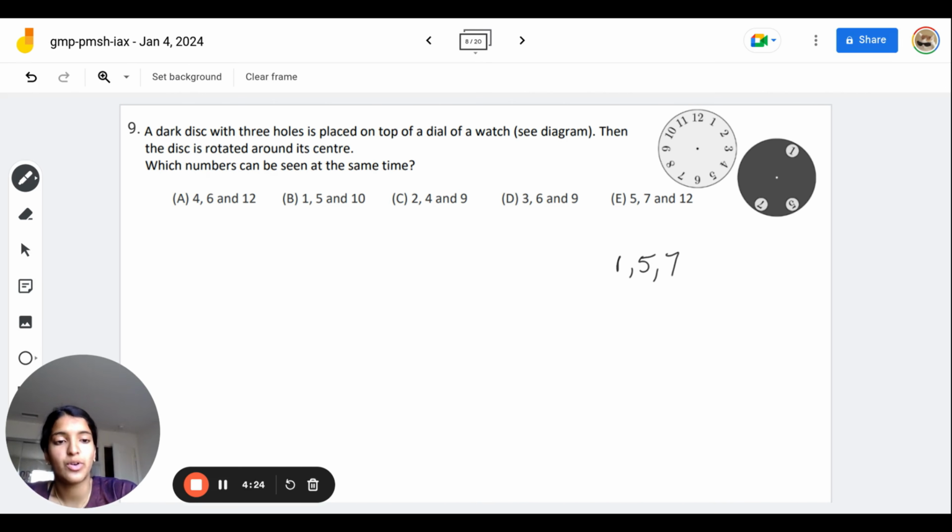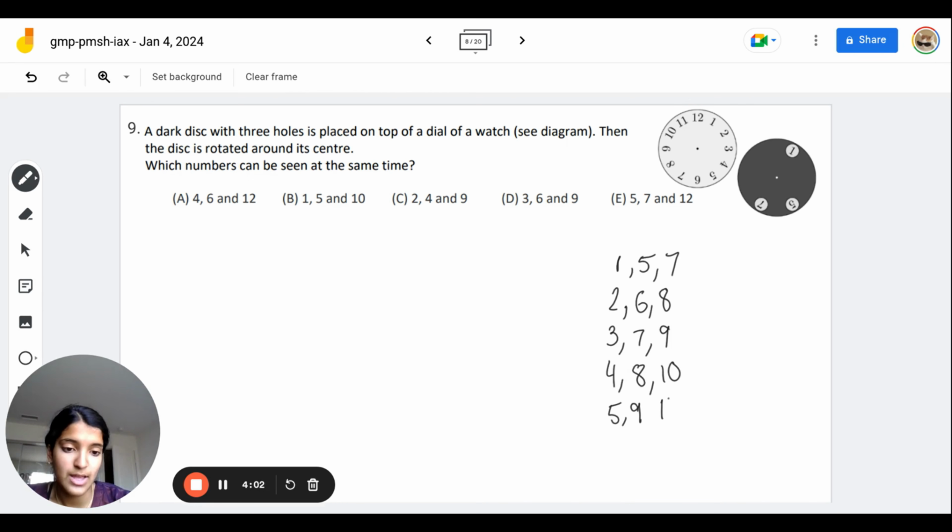So we already have one of them, which is 1, 5, and 7. And then if we move it over one, we get 2, 6, 8. Move it over one more, 3, 7, 9. Next is 4, 8, 10, 5, 9, 11, 6, 10, 12, 7, 11, not 13, but 1, because this is a watch that only goes up till 12.